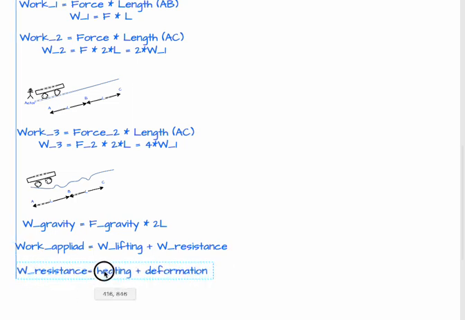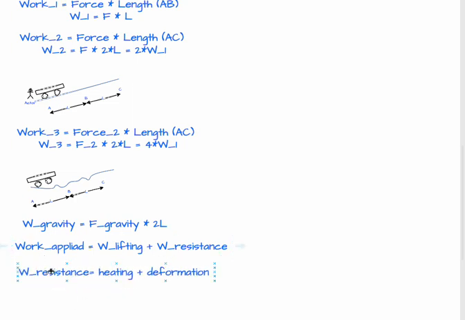The work of these resistance forces can be of different kinds: resistance of air, resistance of the surface, maybe the brakes or wheels are not good enough. It usually goes to heating and some deformation. So assume that you want to move this trolley very fast through this surface.